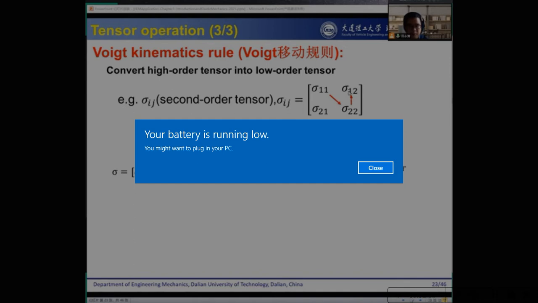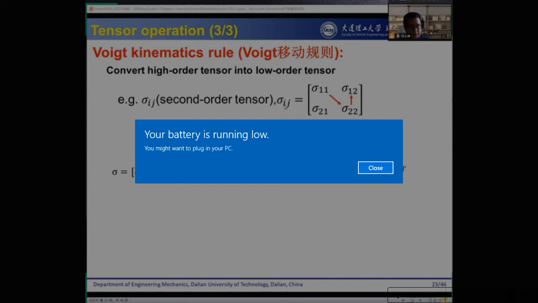So we take sigma 12, and we don't need sigma 21. So we can simplify it as sigma 11, sigma 22, sigma 12. Then this is a first order tensor. So we have managed to convert this second order tensor into a first order tensor, and we have simplified the expression for the stress.